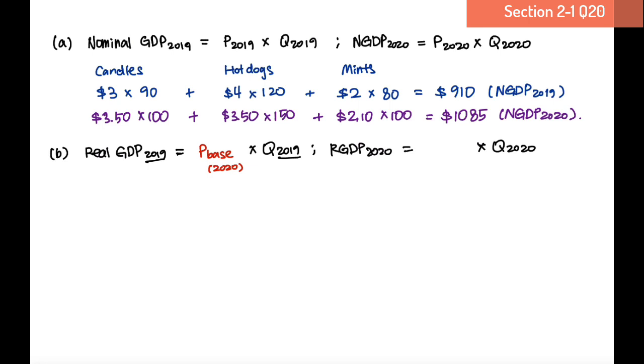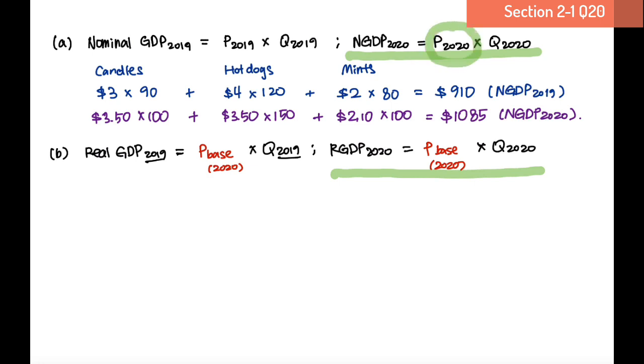For real GDP of 2020, again, we are still interested in the quantity produced in year 2020, but we'll be using the base year's prices, which is still year 2020. So what you should immediately notice here is that for year 2020, your nominal GDP and real GDP are actually exactly the same. And that's because year 2020 is your base year. So year 2020 for nominal GDP is your current year, but it is also your base year for real GDP as well.